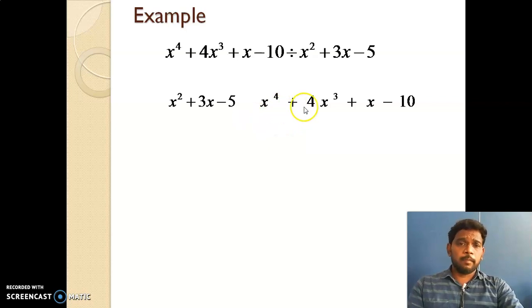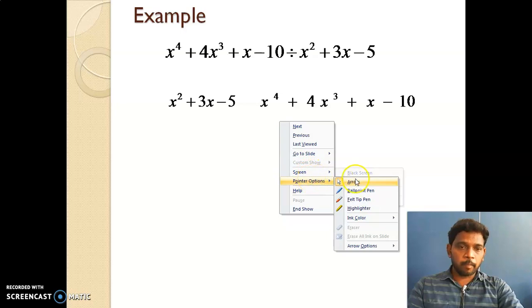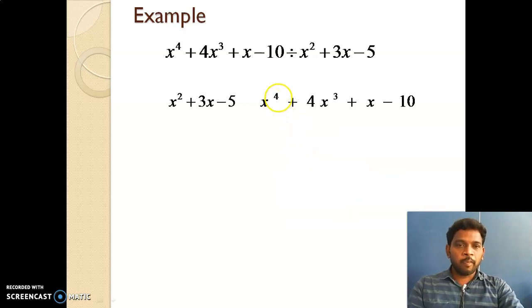Look at the powers of the variables in the fourth degree polynomial. Here power 4 is there and power 3 is there, and we need power 2, isn't it? So if any powers are missing, we can add 0 instead.